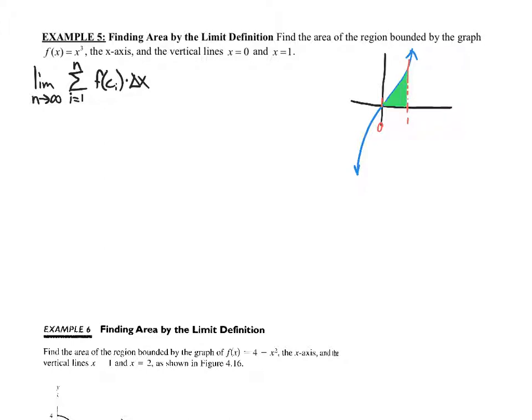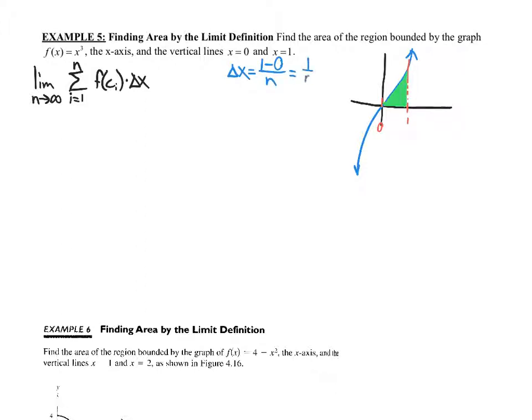Now let's go ahead and plug in what we know. How can we find delta x, first of all? 1 minus 0 divided by n, b minus a over n.